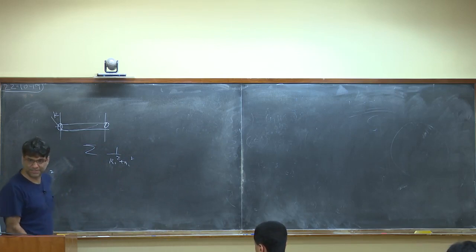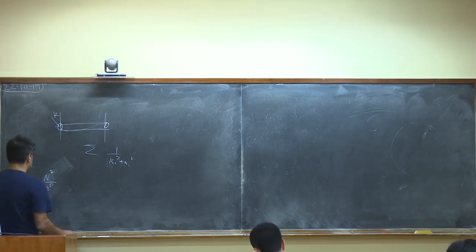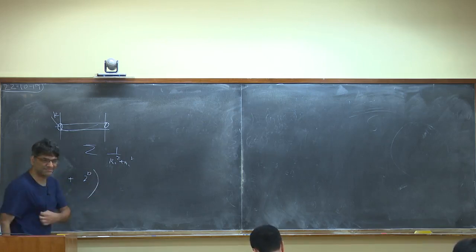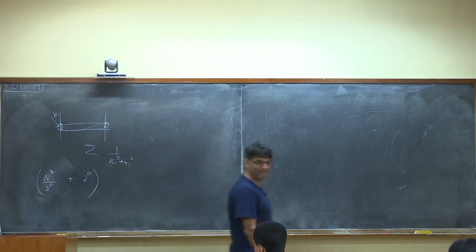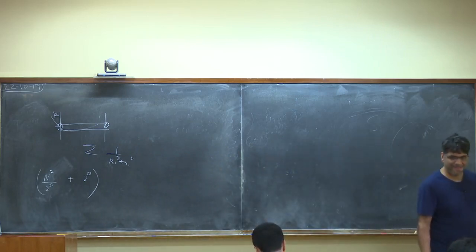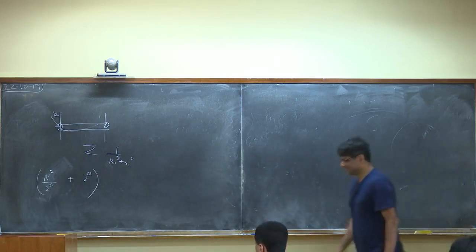We were assuming they were Chan-Paton factors. N squared by 2 to the power d plus 2 to the power d. It was roughly like this. D by 2? Yeah, d by 2.